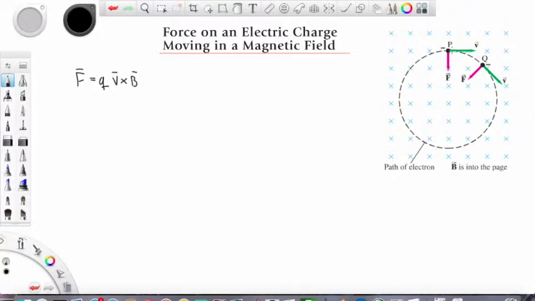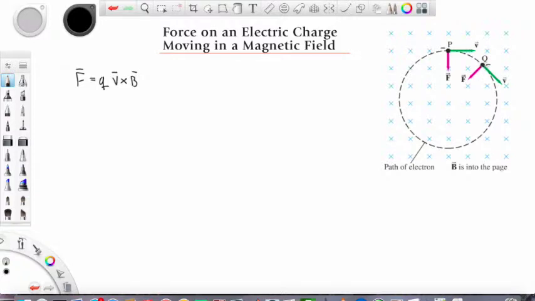Therefore, as the electron continues with its velocity to the right, it also experiences a force that tries to curve its path downwards, so we have this down-curving trajectory.